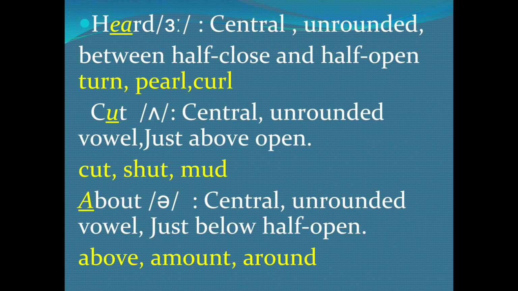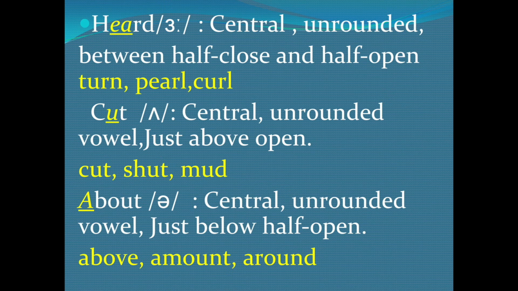Now let us see another vowel, cut. This is also a central vowel. Central part of the tongue is raising and the lips are unrounded and it is just above open. So we can say that it is a central unrounded vowel just above open. Say the words and observe your tongue. Cut, shut, mud.